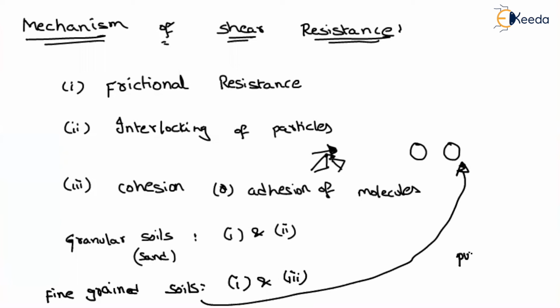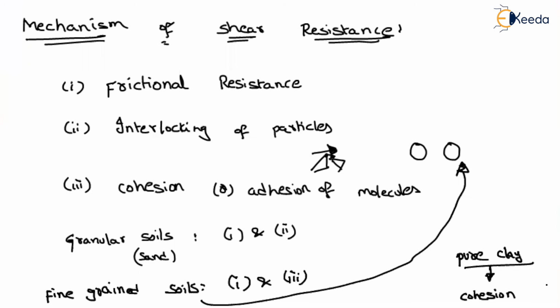Suppose I talk about exactly pure clay, then I will have my shear strength because of the cohesion only. Why? Because in pure clay, the soil particles are exactly in the rounded shape, and as there will be some cohesion, like some attractive forces between them, there will not be any frictional resistance. So, for granular soils like sand, shear resistance will develop because of the frictional resistance and the interlocking.